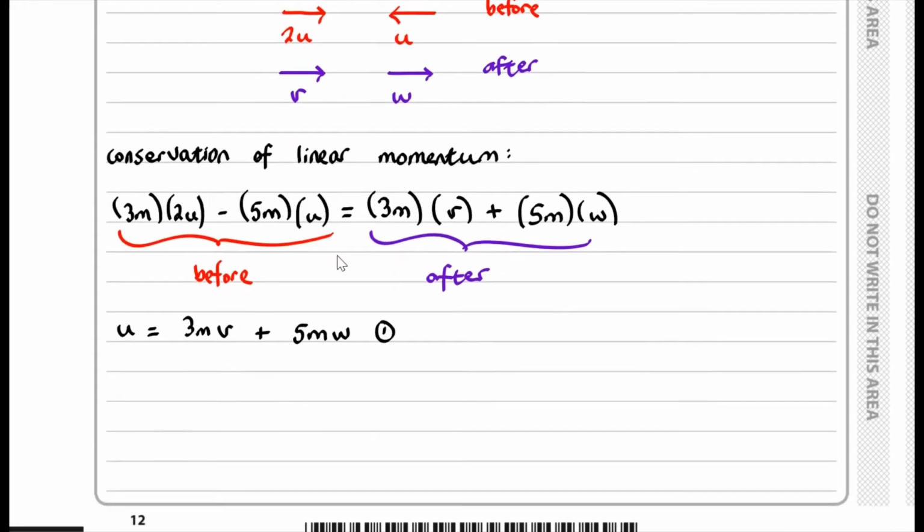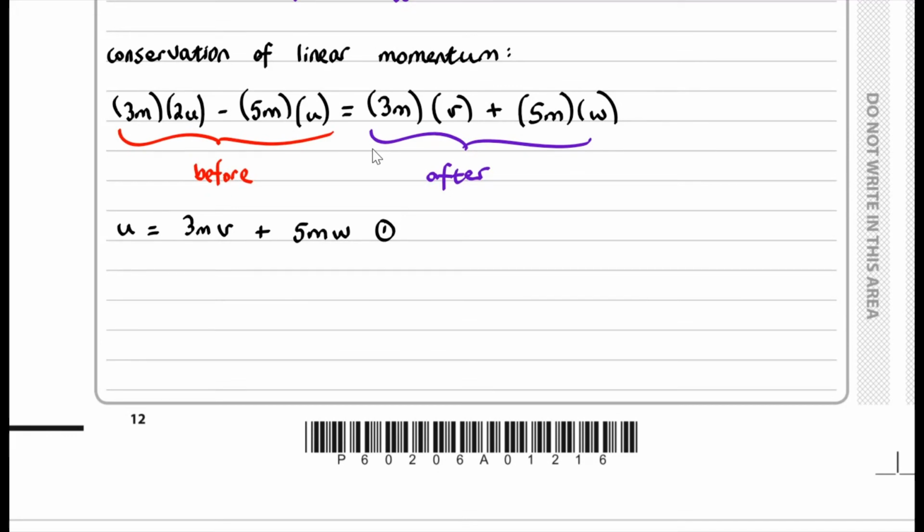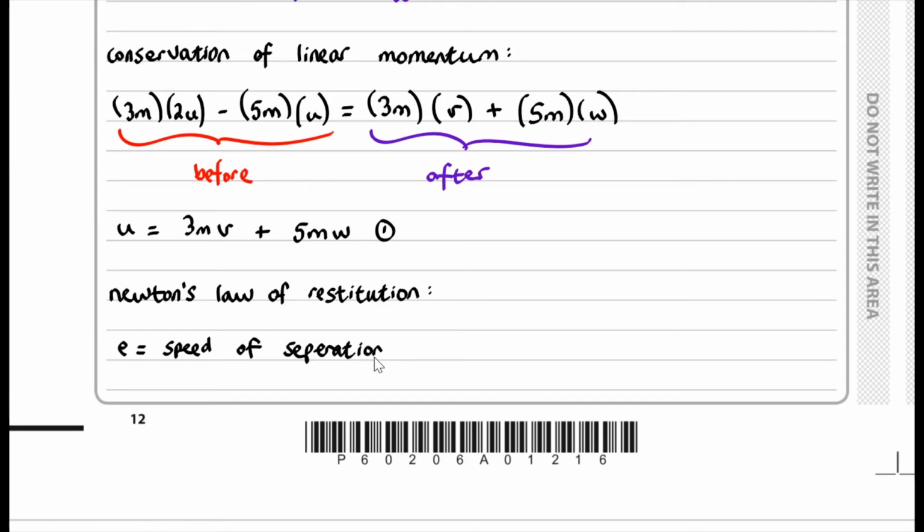And if we also use Newton's law of restitution, let's just write this down. Using Newton's law of restitution, e is equal to the speed of separation divided by the speed of approach.